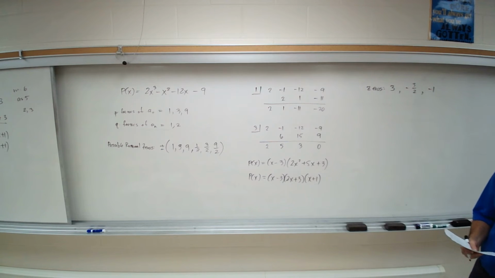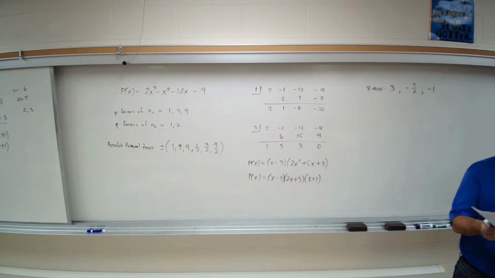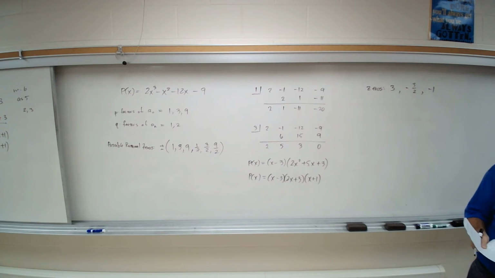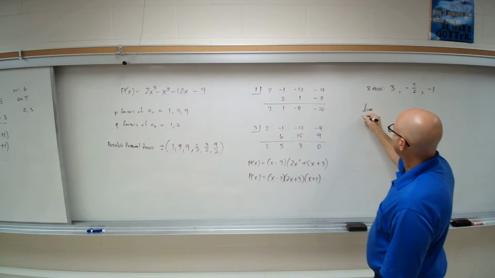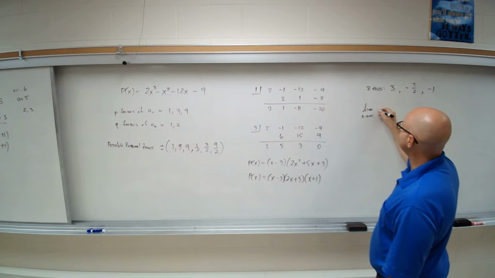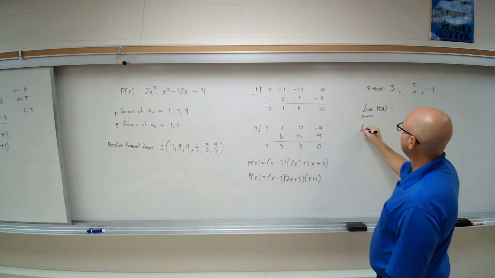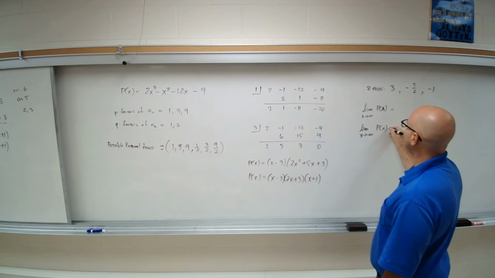So now at this point, we want to sketch the graph of the polynomial and state the end behavior in limit notation. So just a little review here. We know the zeros, which give us the x-intercepts. We know the end behavior. We're going to write the limit as x approaches infinity of p of x equals, and the limit as x approaches negative infinity of p of x equals.